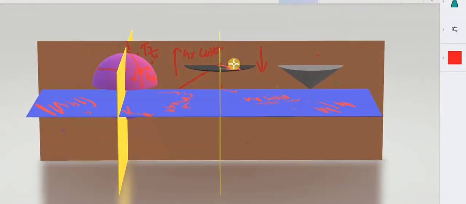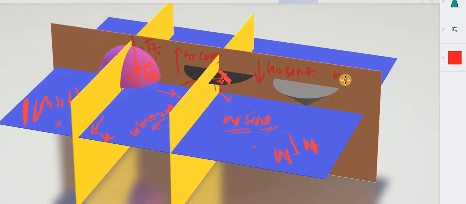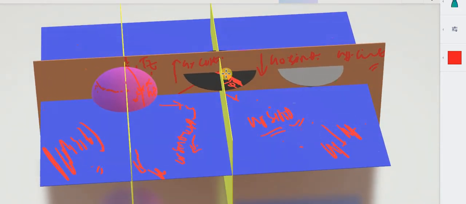So this component from this point to this point is A theta sin theta, and this component is A theta cos theta. This component is in the reverse direction of the z direction, A theta sin theta, and again we got one component in this way, A theta cos theta.